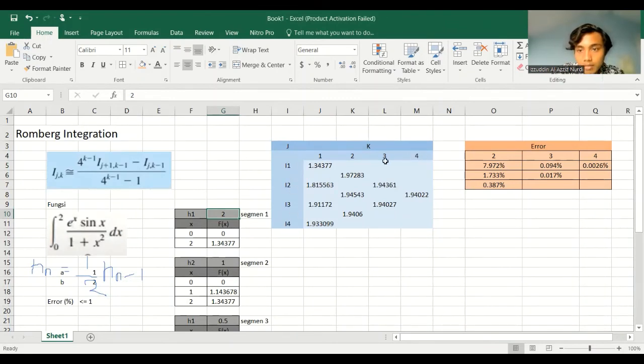This is the step. We have the first step 1, 2, 3, and 4.